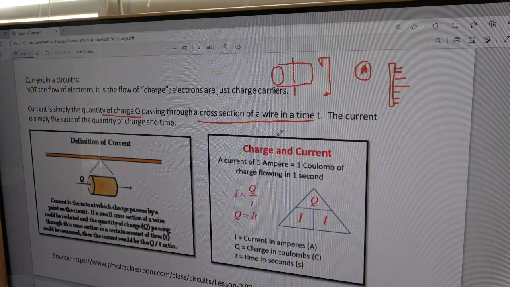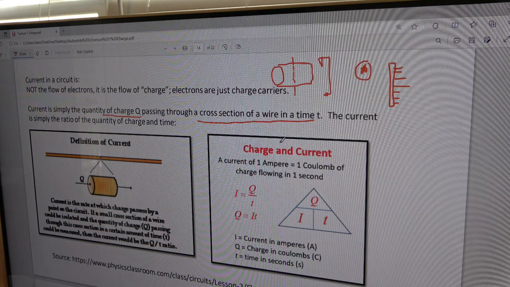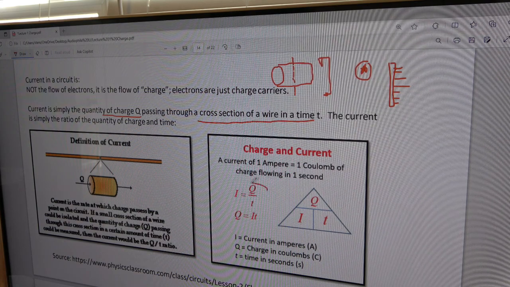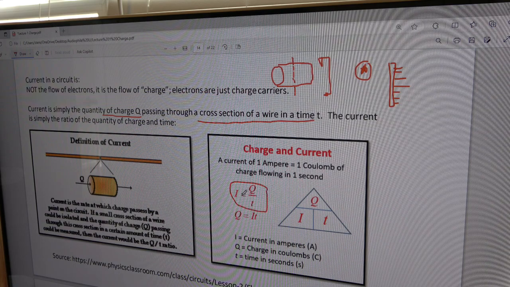Okay, so electrons are charge carriers, so technically it is the amount of electrons that passes that threshold in a period of time, but it's not defined that way. It's the amount of charge, see? Current is Q divided by T, the amount of charge passing over a given period of time.